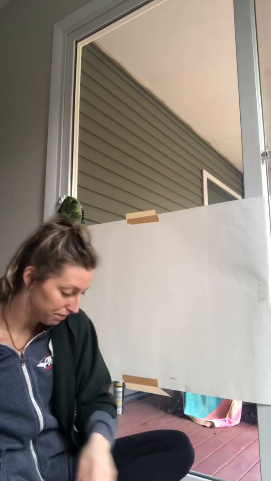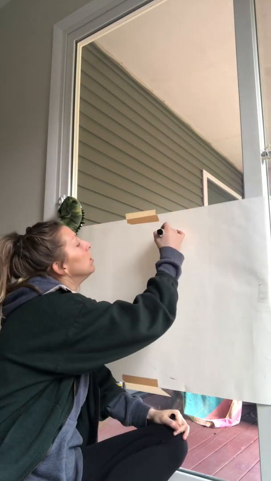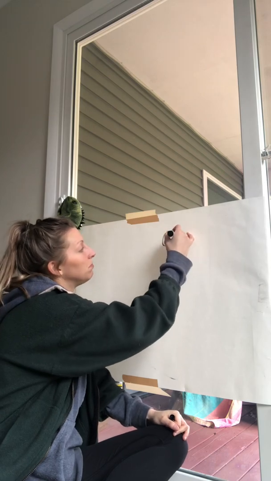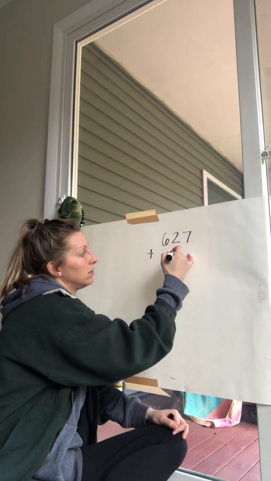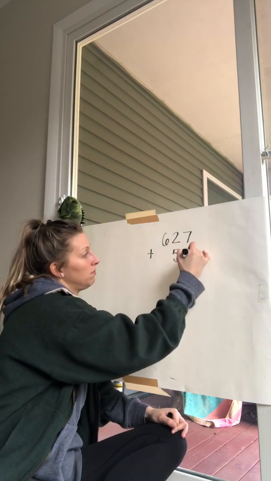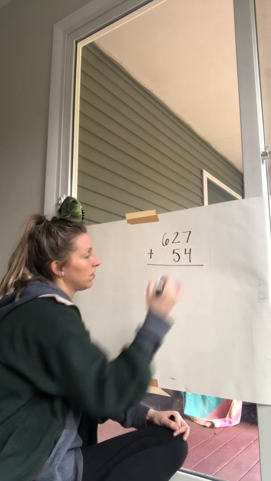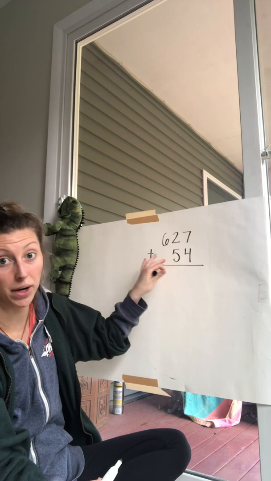So I'll give you a couple, and here they are. First one, here we go. 627 plus 54. Okay. Notice I didn't have hundreds in this second number.